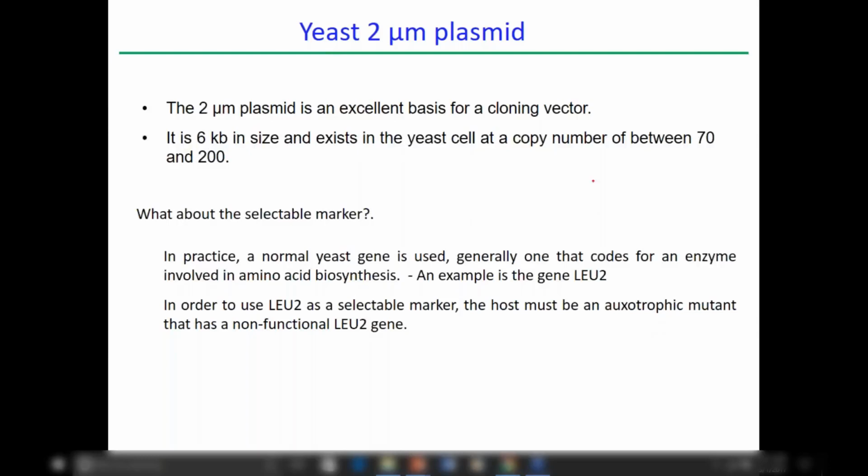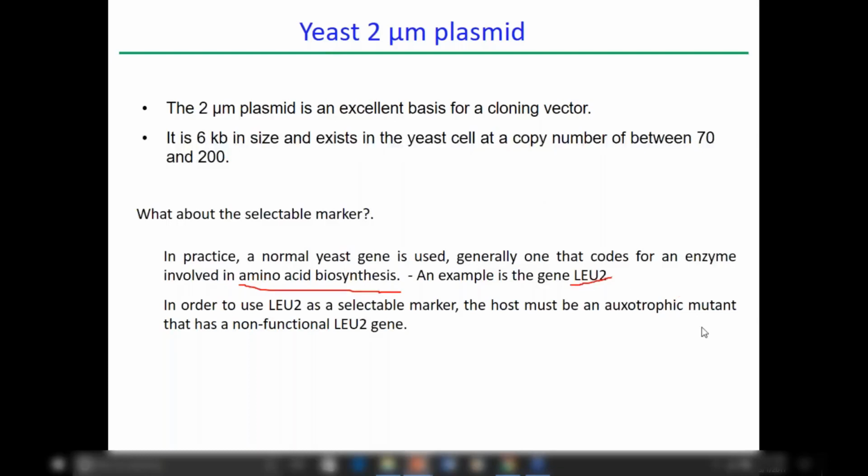Normally, the yeast Saccharomyces cerevisiae uses a gene called LEU2. Okay, this gene codes for an enzyme that is involved in amino acid biosynthesis.